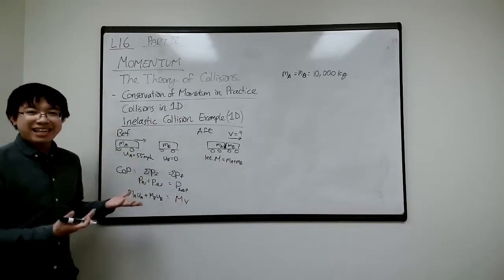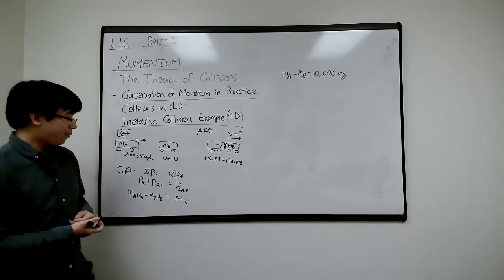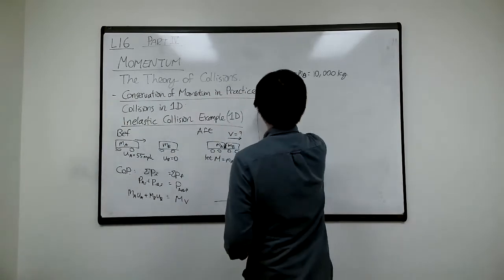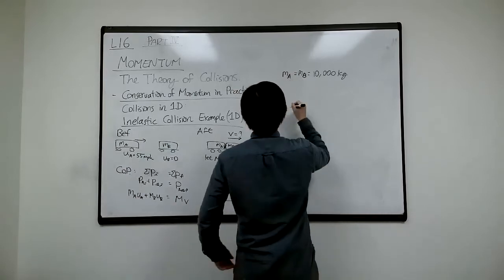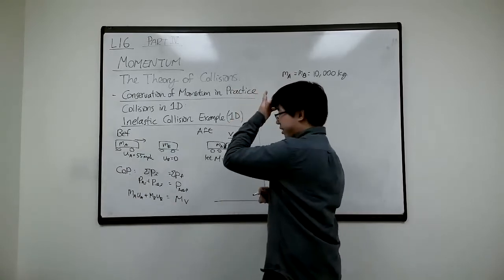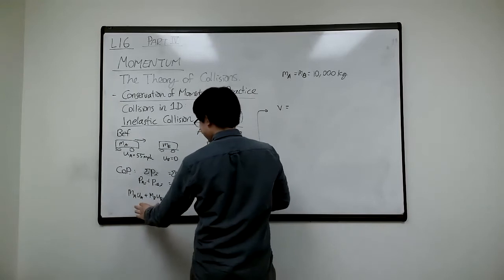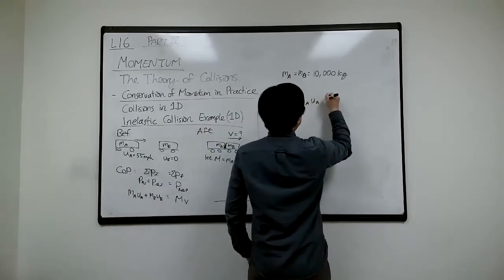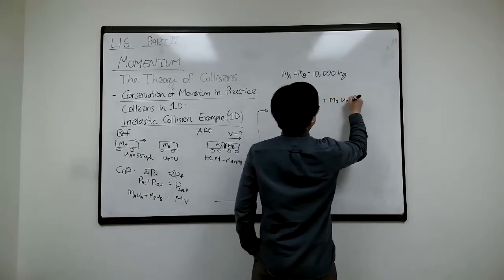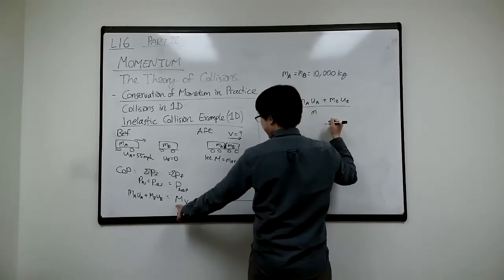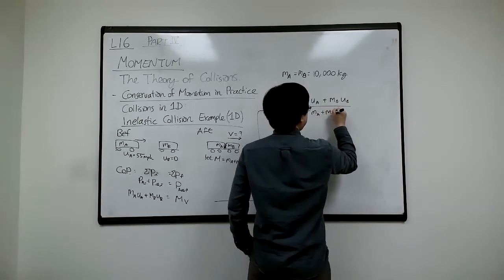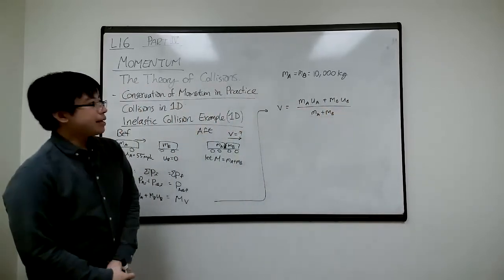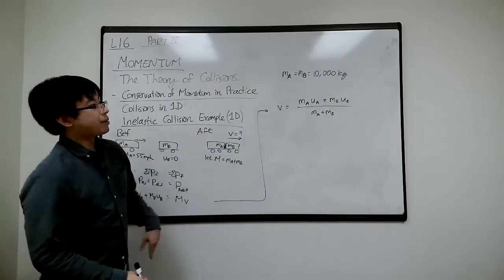So you see, inelastic problems are actually almost easier. So to find V, this is basically MAUA plus MBUB divided by, I'll expand this out, MA plus MB, and it's done. Now I just need to plug in the numbers.